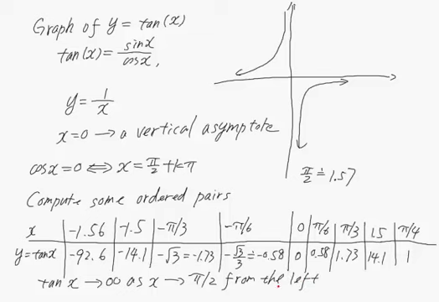And we will see this from the graph later. And also, tangent x approaches negative infinity as x approaches pi over 2 from the right.